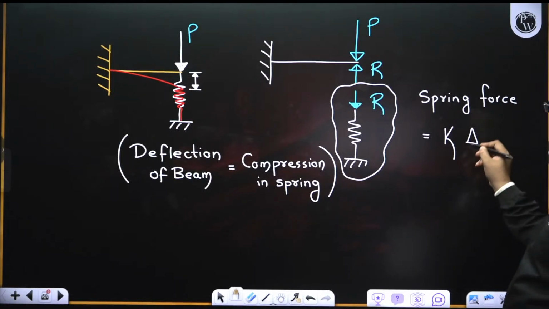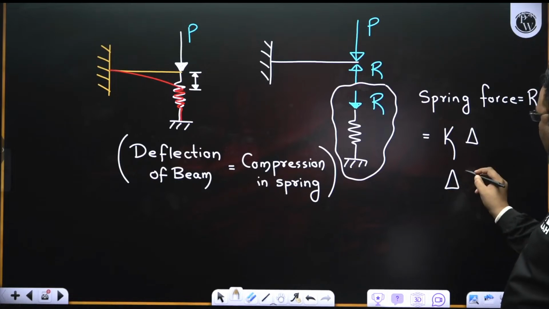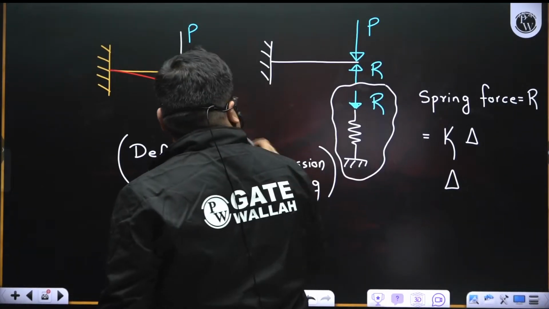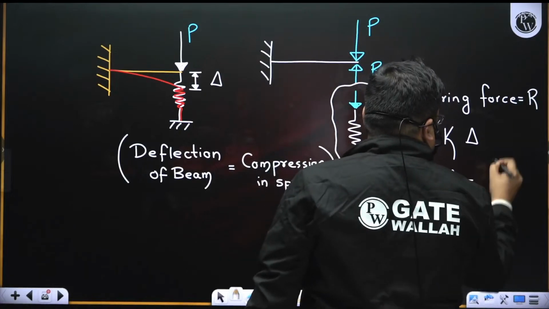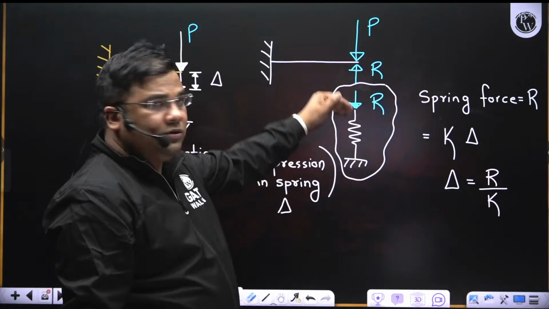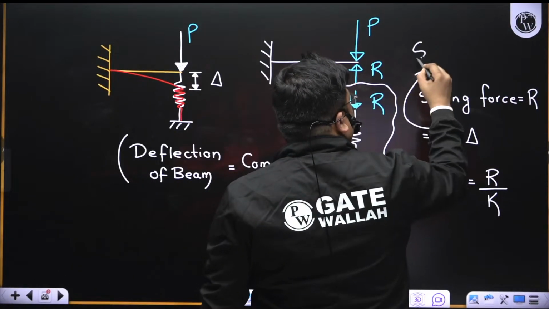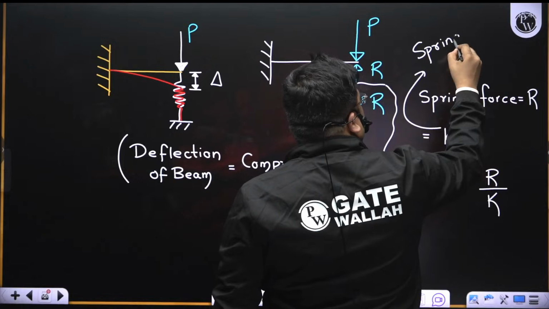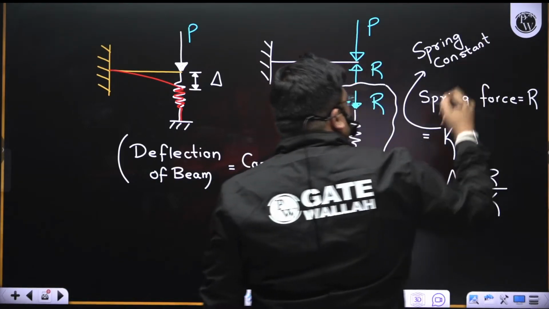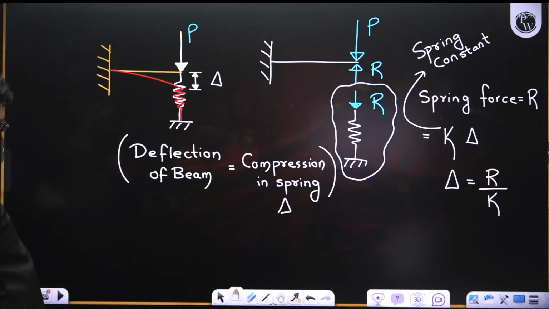So from here, the spring force which is R, I can find out the compression of the spring, suppose delta. So the compression of the spring becomes equal to R by K, where R is the force on the spring and K is the spring constant, or stiffness also I can say. Now using these concepts, we can solve the questions of springs.